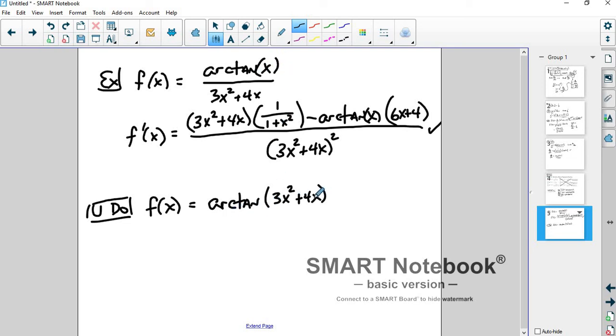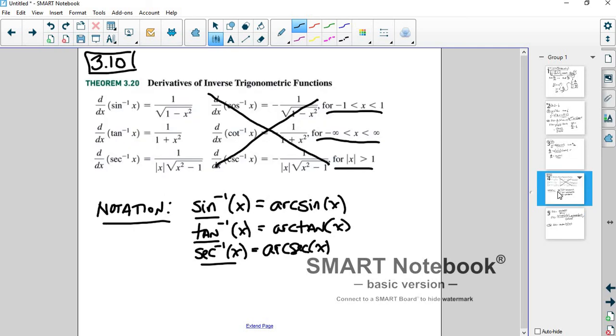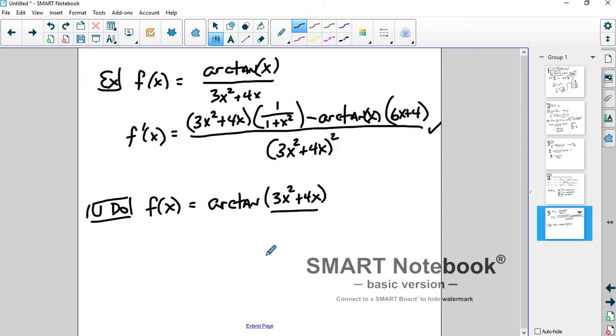Here arctangent doesn't have anything with it except for this, so that's not a product. This is arctangent of stuff. And so you've got to use the chain rule. All right, so pause it for a minute. You know the rule for arctangent. Go back here if you need to. And then try this one. Pause the video, come back and see how you did.